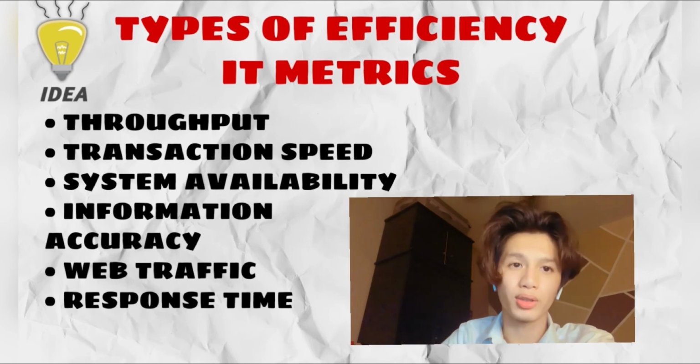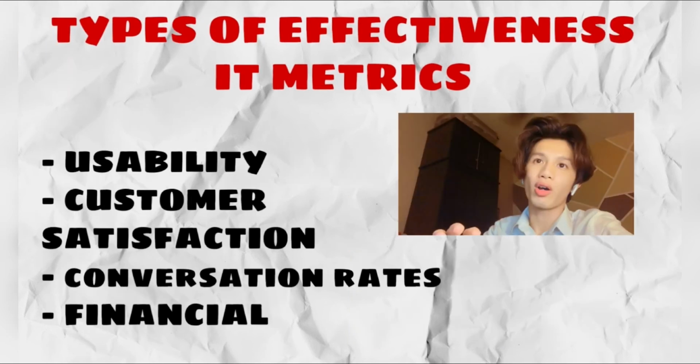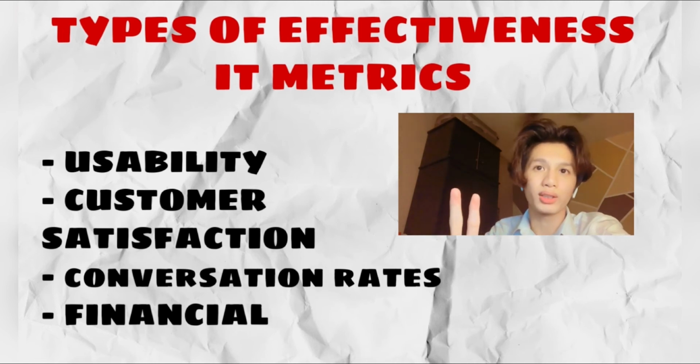Efficiency IT metrics focus on technology and include throughput, transaction speed, system availability, information accuracy, web traffic, and also response time. Types of effectiveness IT metrics. Effectiveness IT metrics focus on an organization's goals, strategies, and objectives and include usability, customer satisfaction, conversion rates, and also financial.